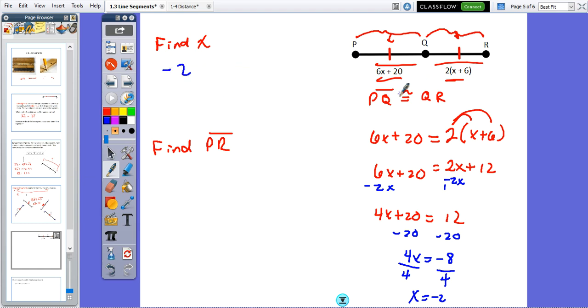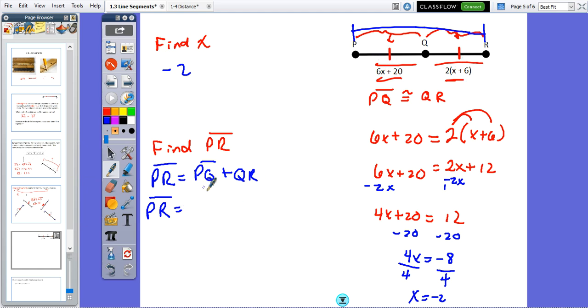Now the next question is what is from P all the way over here to R. Like we said earlier, the segment PR is equal to the two individual parts, which is PQ plus QR. So that means PR is equal to the individual equations as well, summed up, added up.